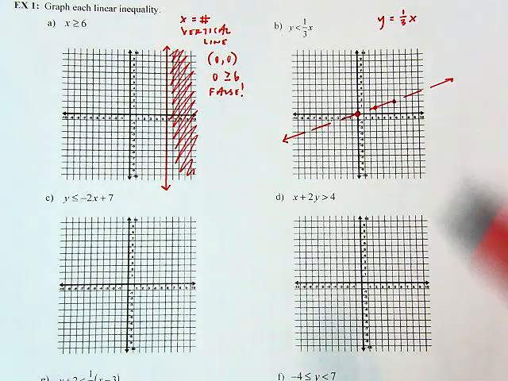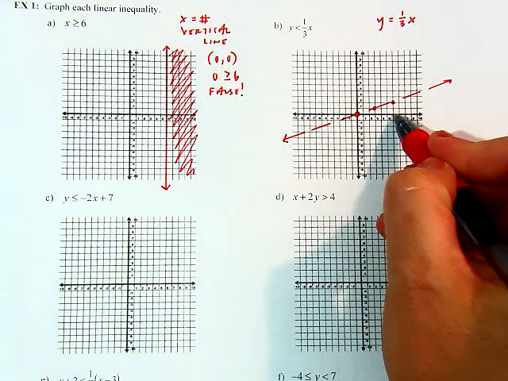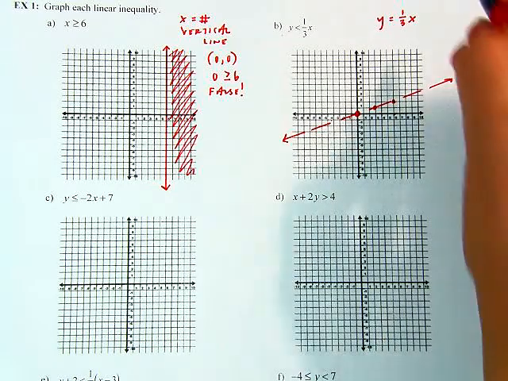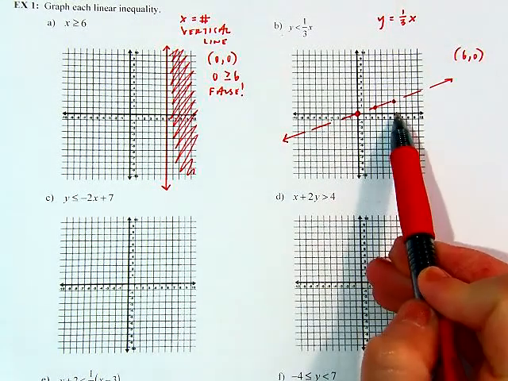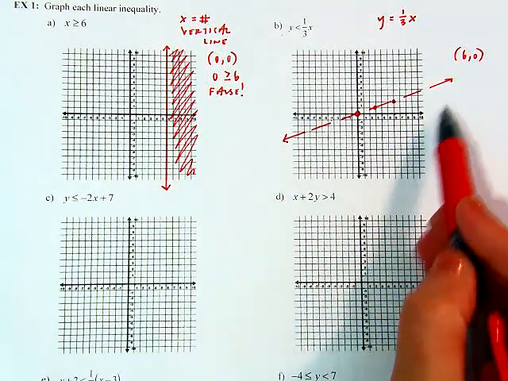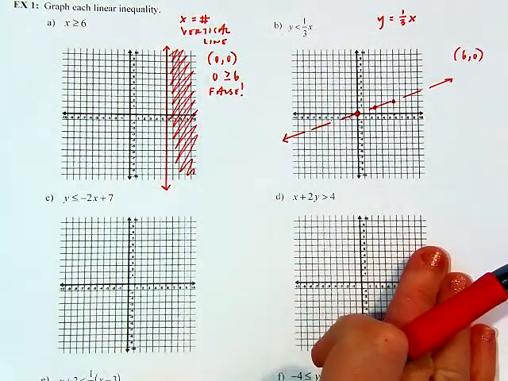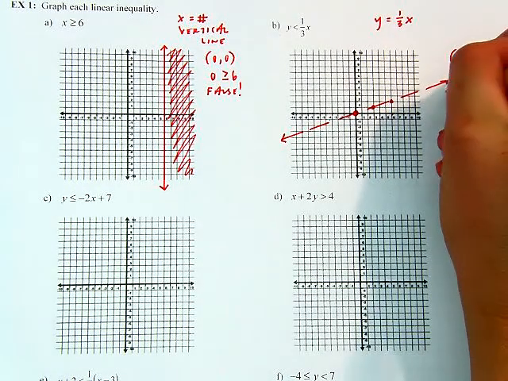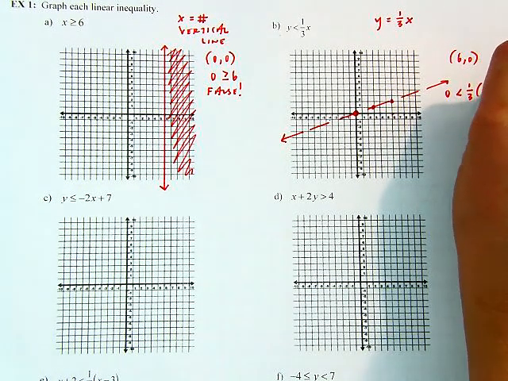I'm pretty positive, but I'm just going to double check. Say I pick this point right here. That'll be my checkpoint, 6, 0. If I get a true statement here, then that is where I shade. If I got a false statement, then I would shade the opposite region. So if I plug that in, I have 0 is less than 1/3 of 6.